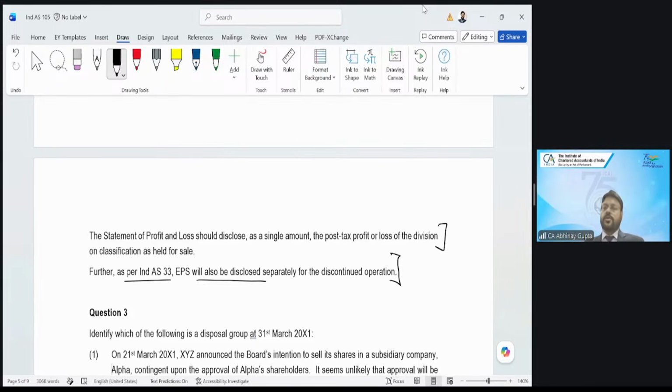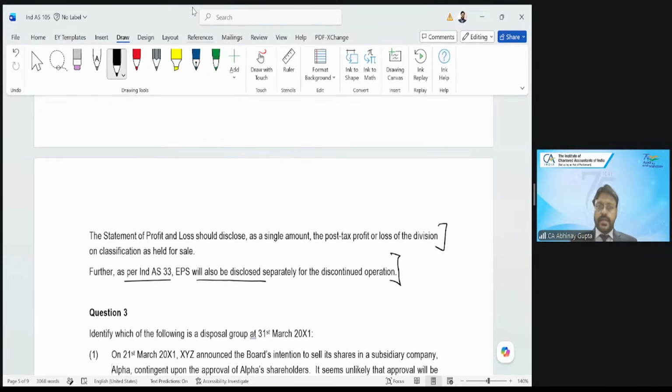Because the ask was for the overall presentation of the Q3, not only at what value the disposal group or the assets held for sale would be required to be presented, right? If that would have been the ask, then probably we might skip the discussion on Ind AS 33 in this answer, right?